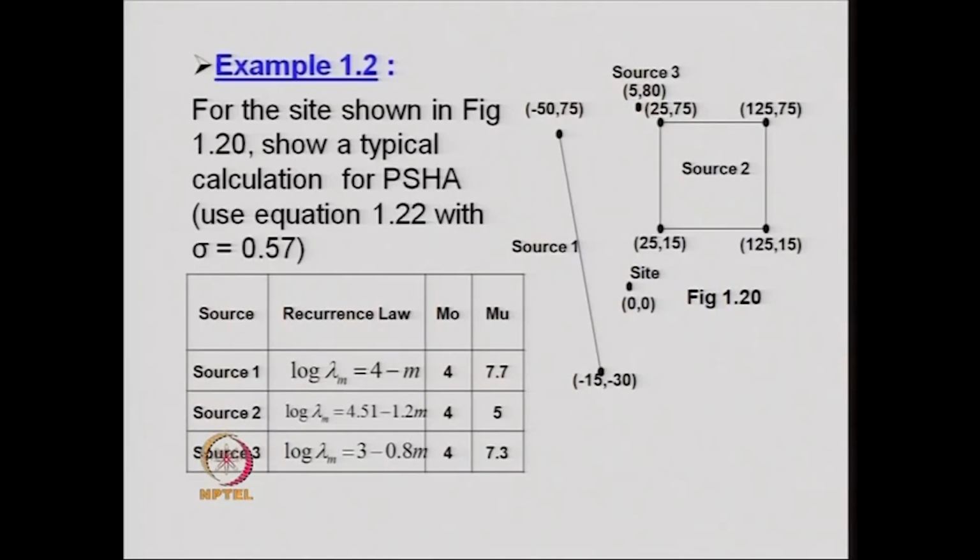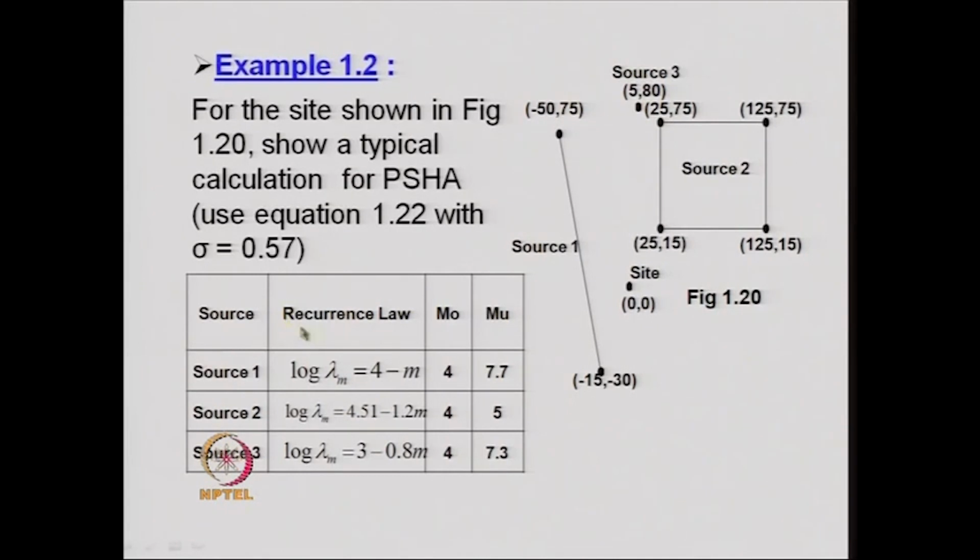The sources and the site are shown in the figure. This is the site, and source 1 is a line source, source 2 is an area source, and source 3 is a point source.